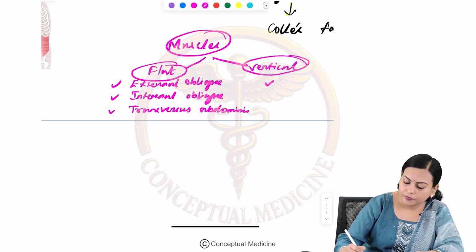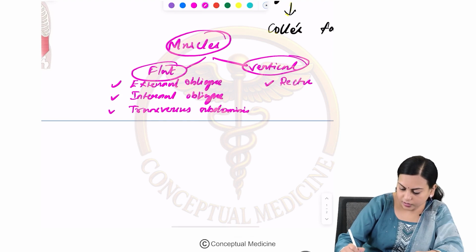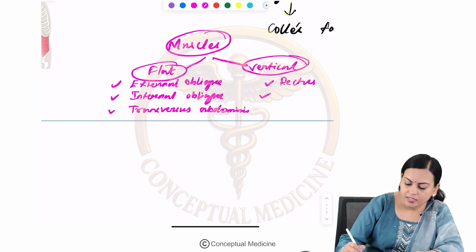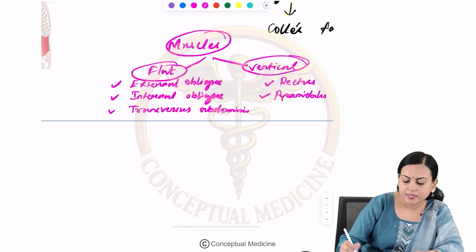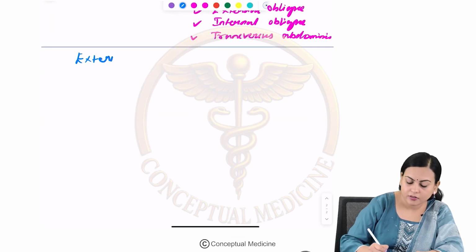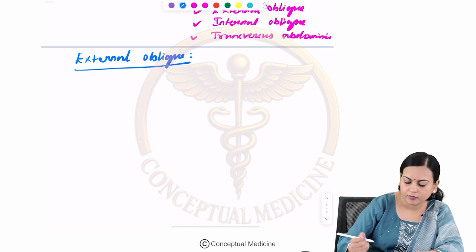In the vertical group, we have the rectus muscle and the pyramidalis.